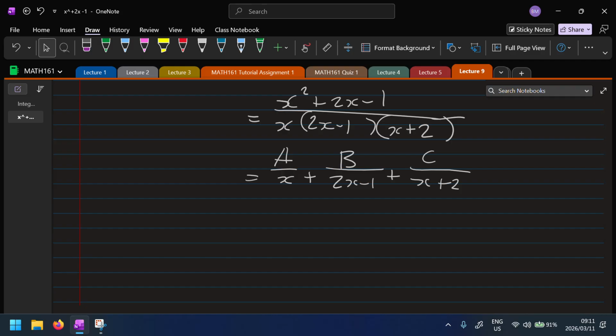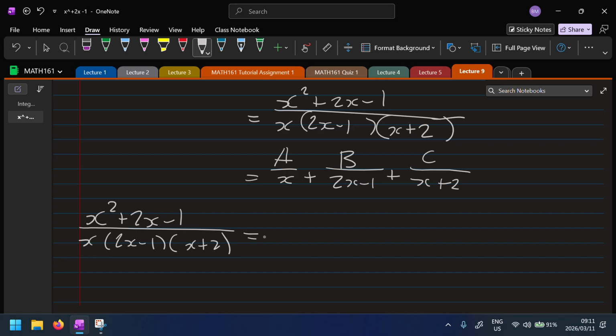Okay, now we need to solve for these. So we can set these 2 ones equal to each other, cross multiply like we did before, and then we can solve. So we're going to have x squared plus 2x minus 1 over x, 2x minus 1, x plus 2, and then the decomposition we found here.